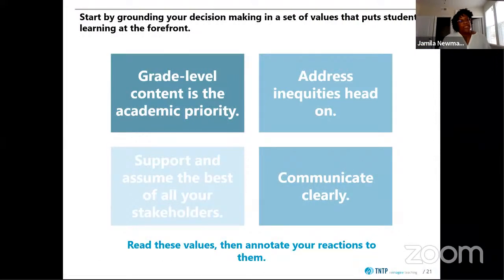So when we talk about accelerating learning, our first priority is really thinking critically about grade level content. Accelerating learning does not mean that you are not addressing gaps in prior years' knowledge or content areas, but what it means is that you're using those gaps to inform current instruction.